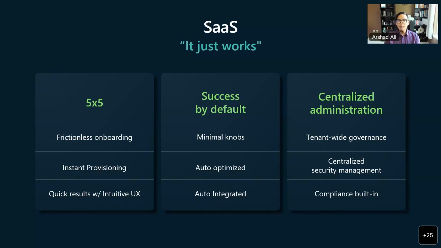The second pillar here is success by default. With the SaaS platform, we want you to have control to manage those different pieces together. All this management capability, whether it's auto optimization or auto integration, is built into the platform itself. So you have minimal knobs to manage and worry about.